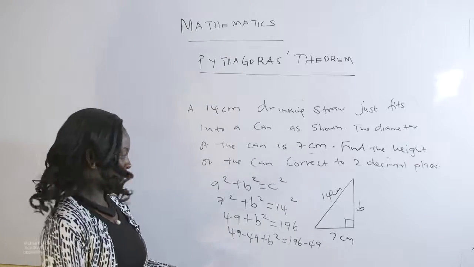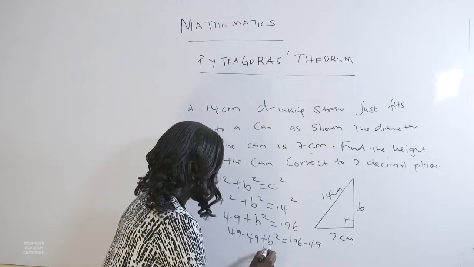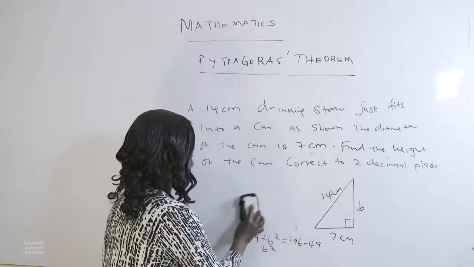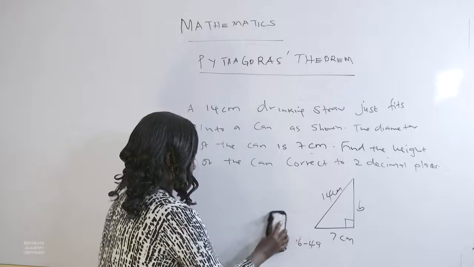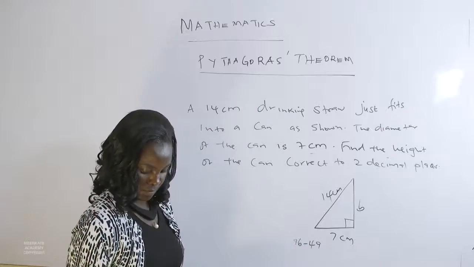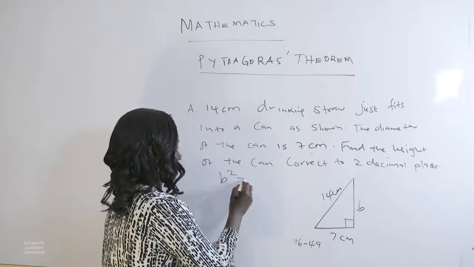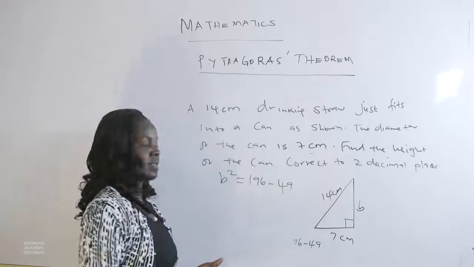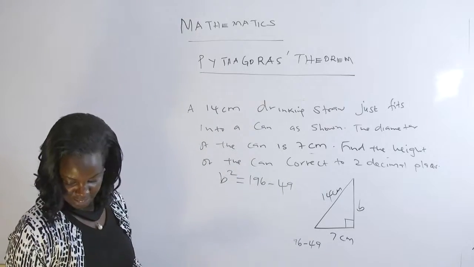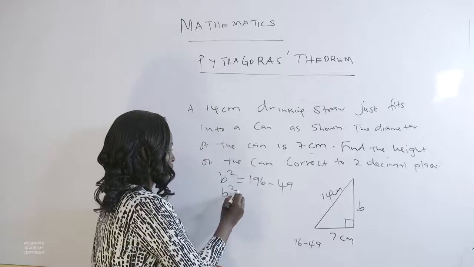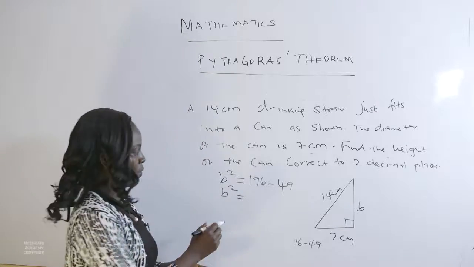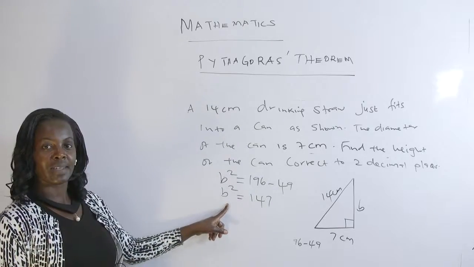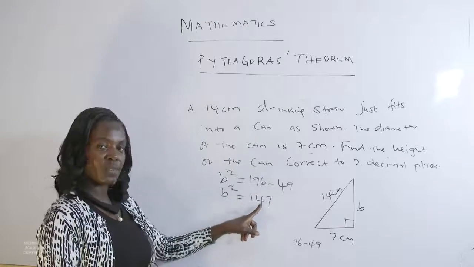So 49 minus 49 will be equal to 0. So we remain with b squared is equal to 196 minus 49, and that will be equal to 147. For us to find the value of b, we find the square root.